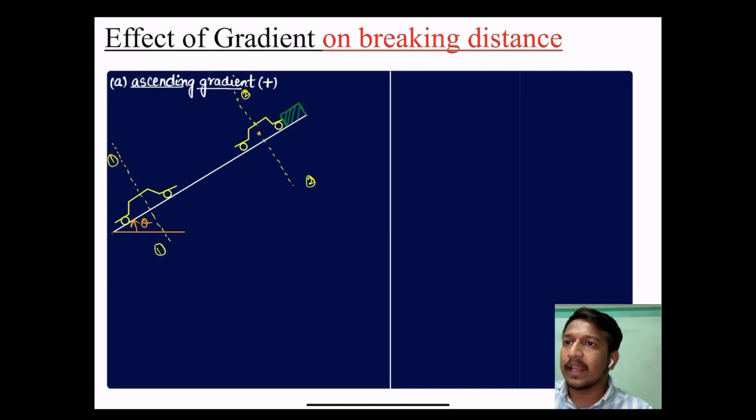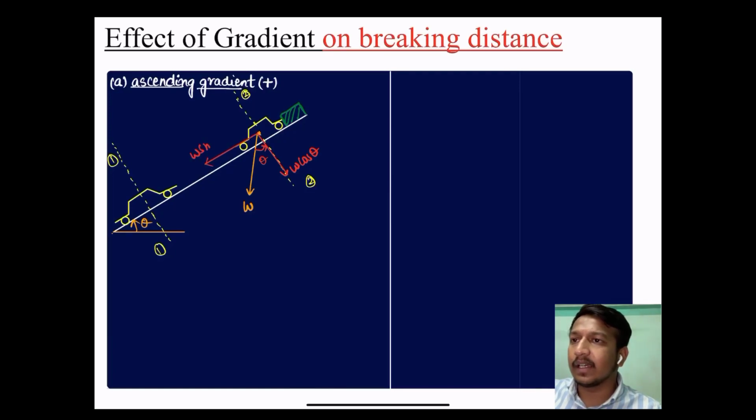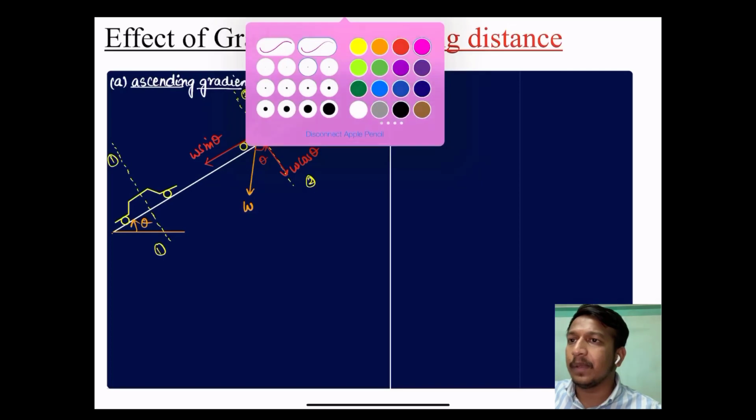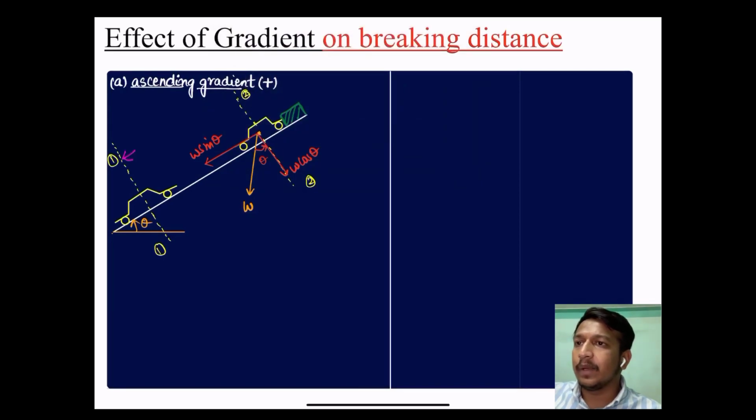In the vertical downward direction acts the weight of the vehicle, W. Its components are W cos theta and W sin theta. The W sin theta component helps to stop the vehicle. This distance is d2, the braking distance, which we need to calculate.